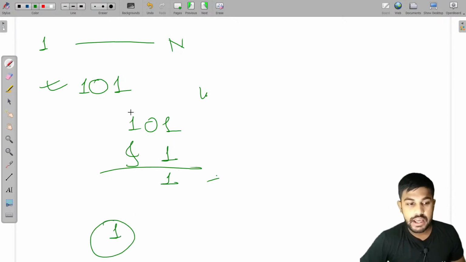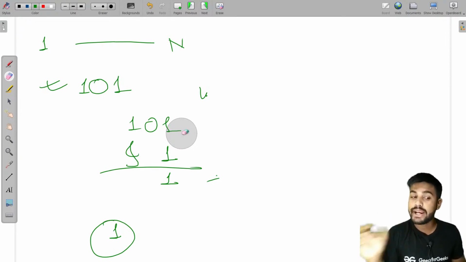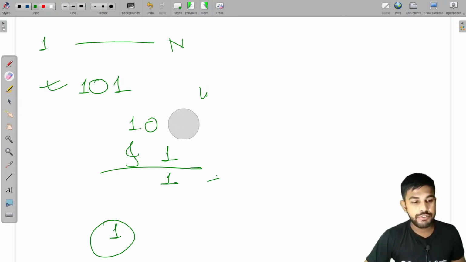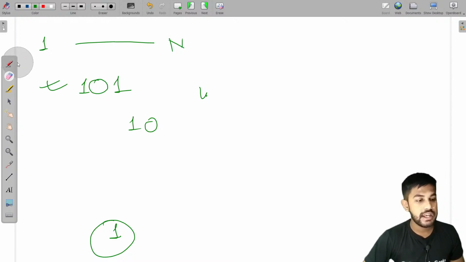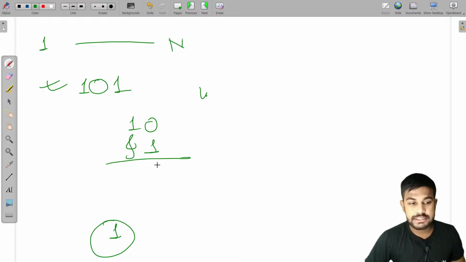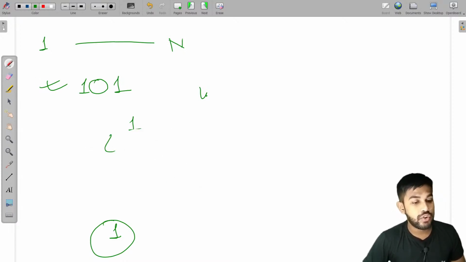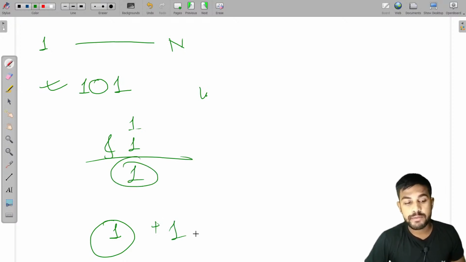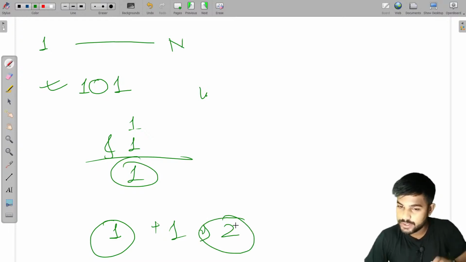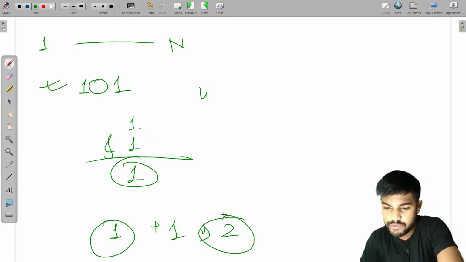Then we do a right shift of that number, and again do AND with 1. Now the bit is 0, so we won't count it because that is not 1. Again we do a right shift till the number is greater than 0. Again we do AND with 1, and this is 1 itself, so we increase the count. 1 plus 1, that is 2 here. This is how we would proceed.